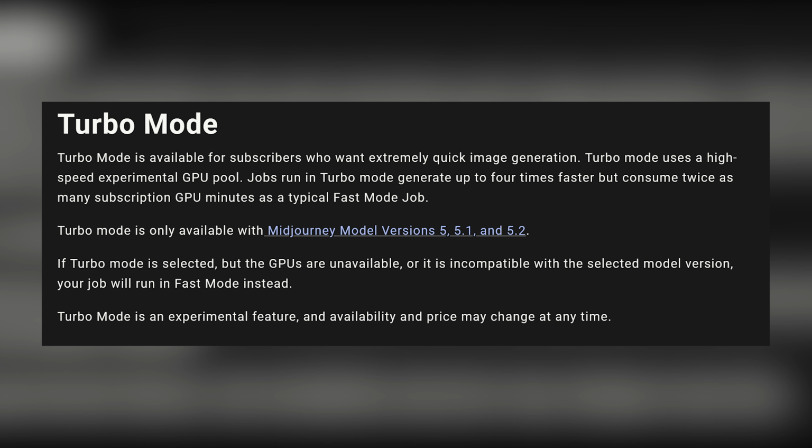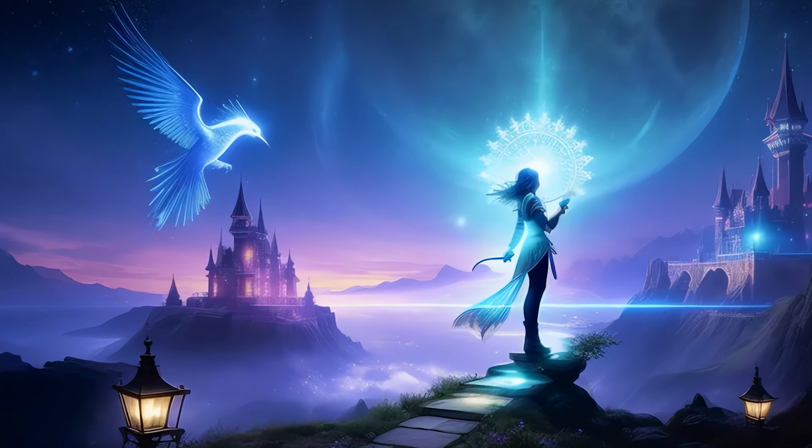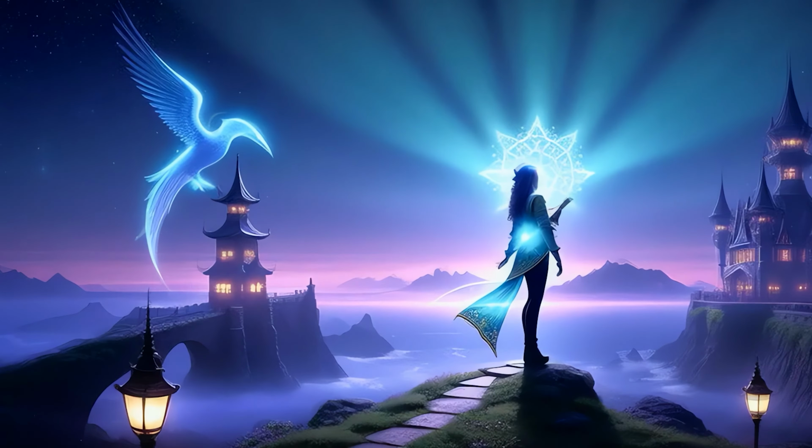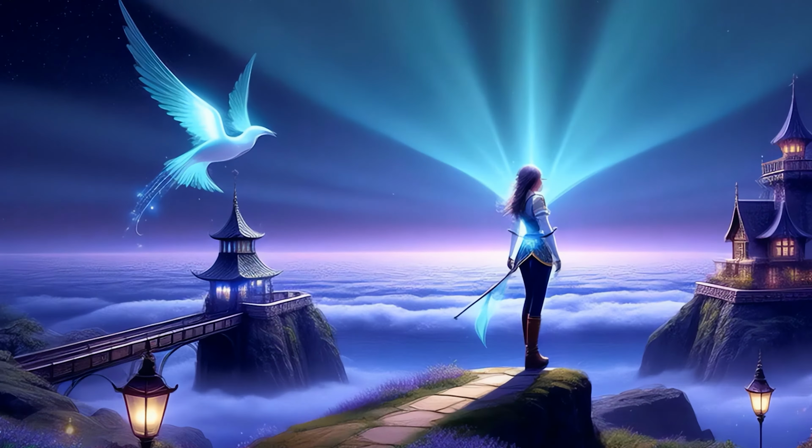And turbo mode is the exact opposite. It goes so much faster, but it uses up more of your fast time. And that seems to be available also starting upwards from the standard plan. Going forward in this video I will use the fast mode for all of the tests, because that one is available for all of the plans.